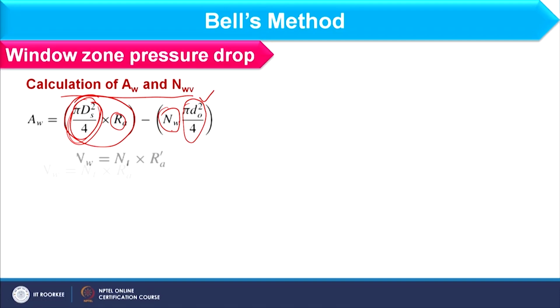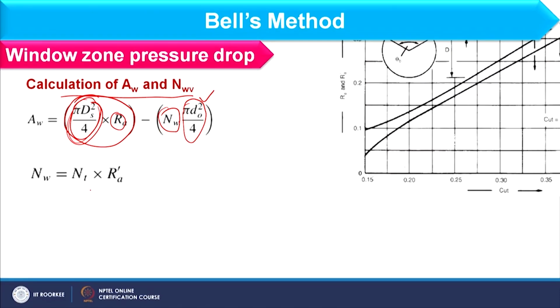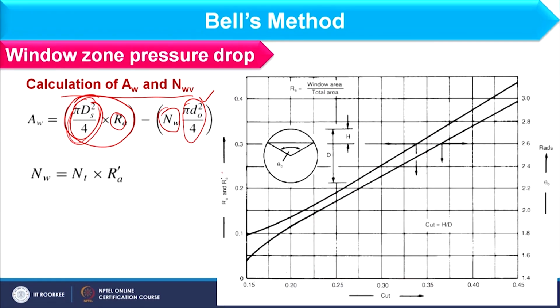Okay. So, NW we can find out by NT into RA dash. Okay. And RA and RA dash you can find out from this curve only. RA dash you have already obtained to calculate the window correction factor in the heat transfer coefficient. So, the same value you can obtain or you can consider, and here RA is basically window area by total area, that we have already discussed.